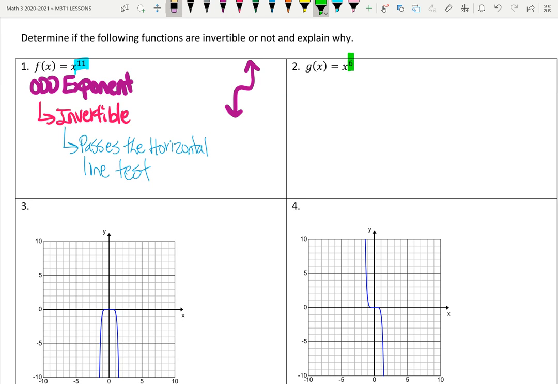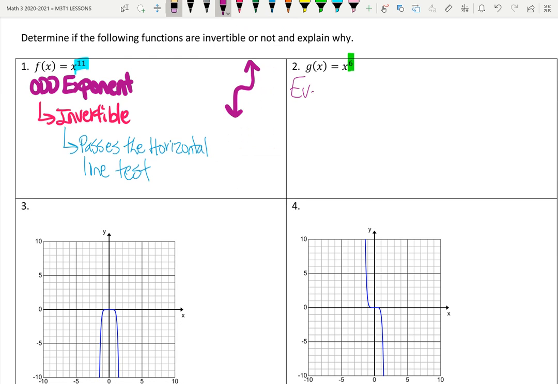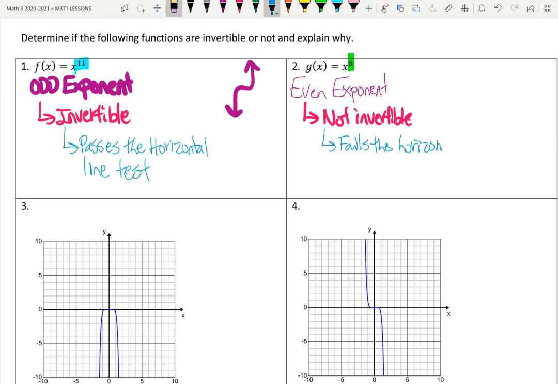Here, number 2, I see that it is an even exponent. This implies it is not invertible, which means it fails the horizontal line test.